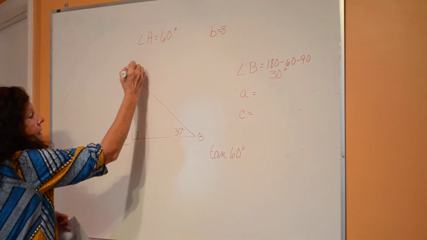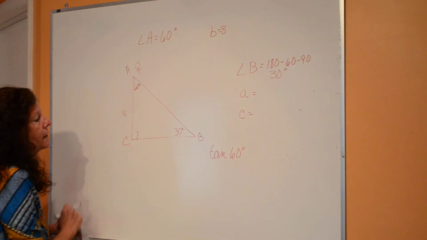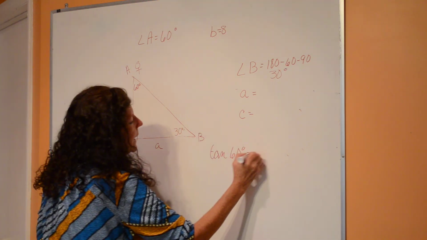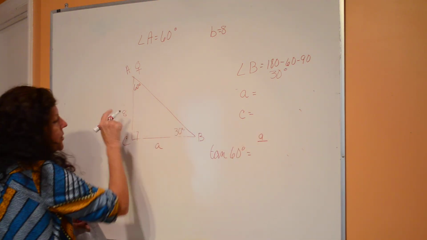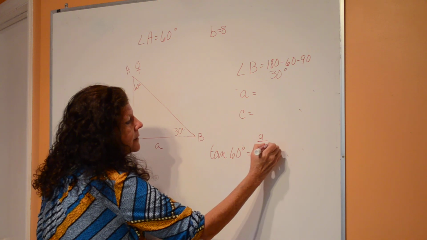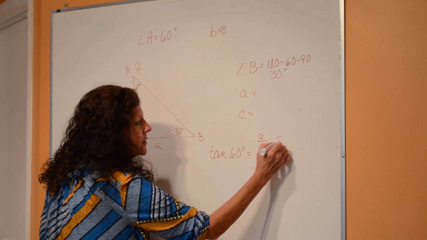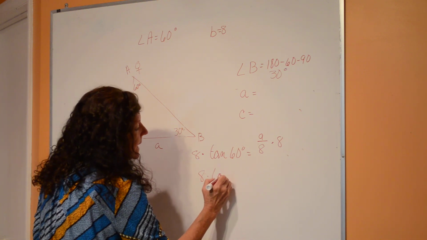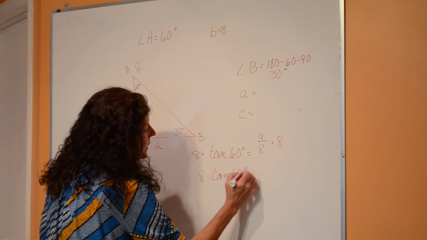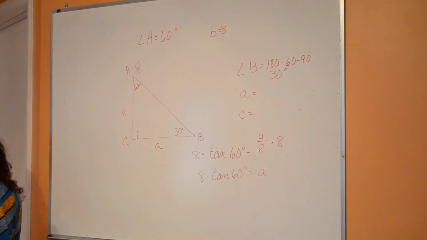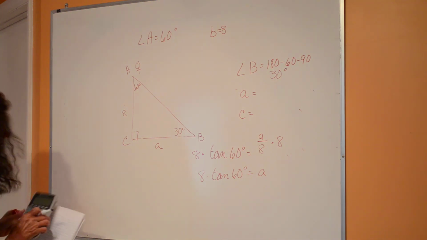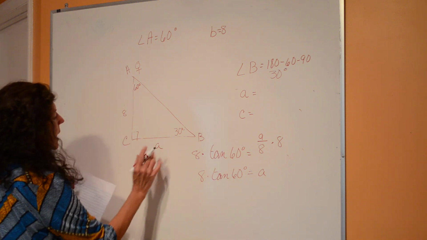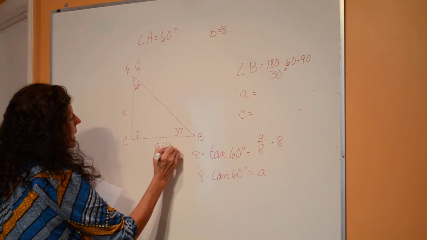Understand if you use the tangent of 60, that means you're standing right there. So the tangent of 60 is opposite, which is little a, over adjacent, which is 8. So to find little a, I'm going to multiply both sides by 8. So I'm going to go 8 times the tangent of 60 is going to give me little a, and it should give me 13.9.